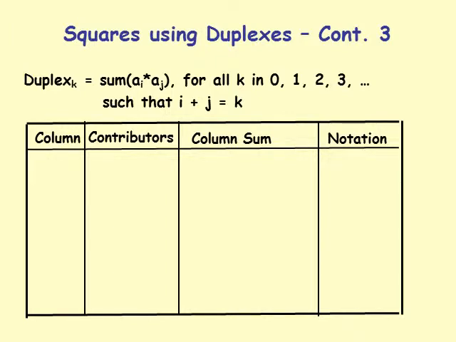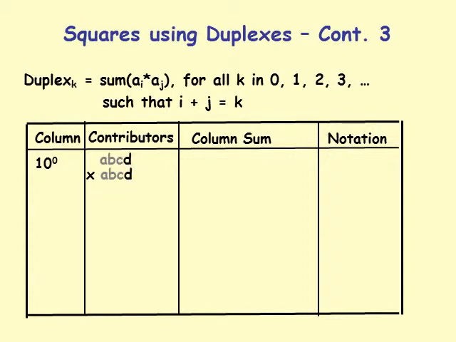Okay, so here I'm going to start working on an example and see how we compute duplexes. In the units column, which is 10 to the power 0, the example here is abcd times abcd, so the 4-digit numbers, and only 2 digits can contribute to this product here, which are d and d, one column on the right.